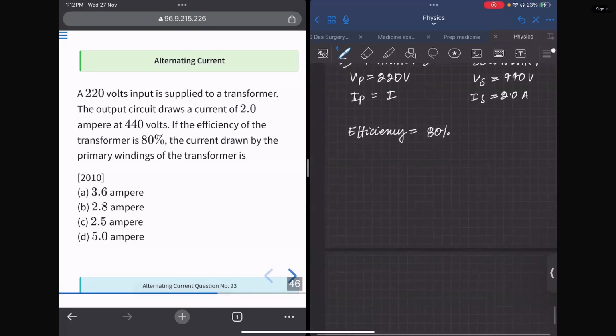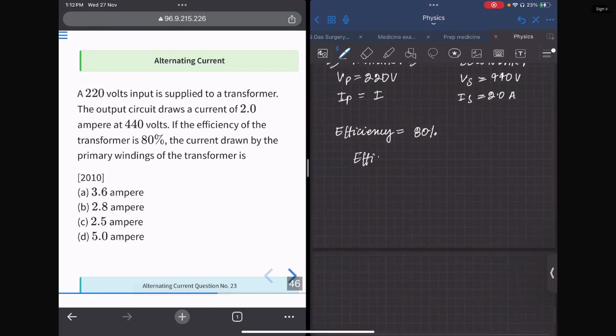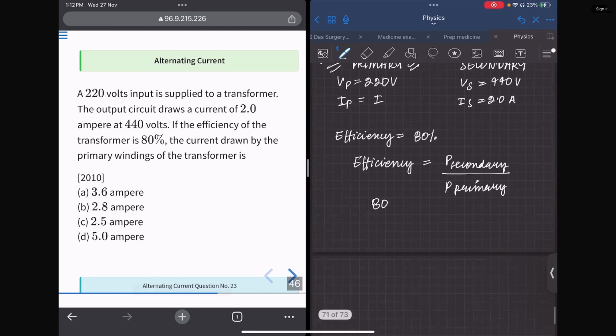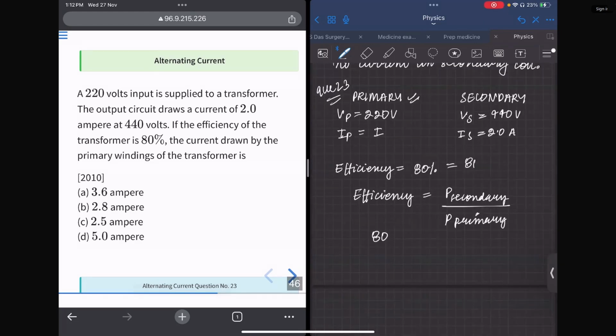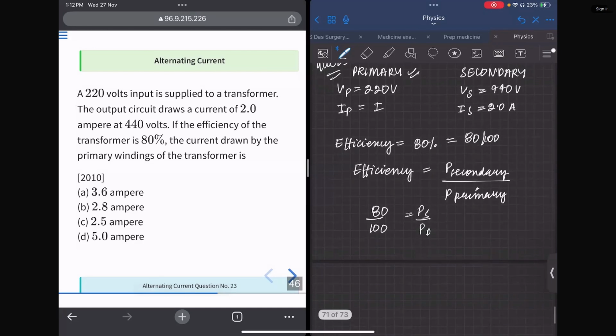So we know efficiency is what? Efficiency is power that is derived in secondary coil divided by power of primary coil. Okay. So efficiency is 80%, which can be written as 80 by 100 if we remove the percentage sign. So 80 by 100 is PS by PP. PS can be written as VS into IS upon PP can be written as VP into IP. Okay.